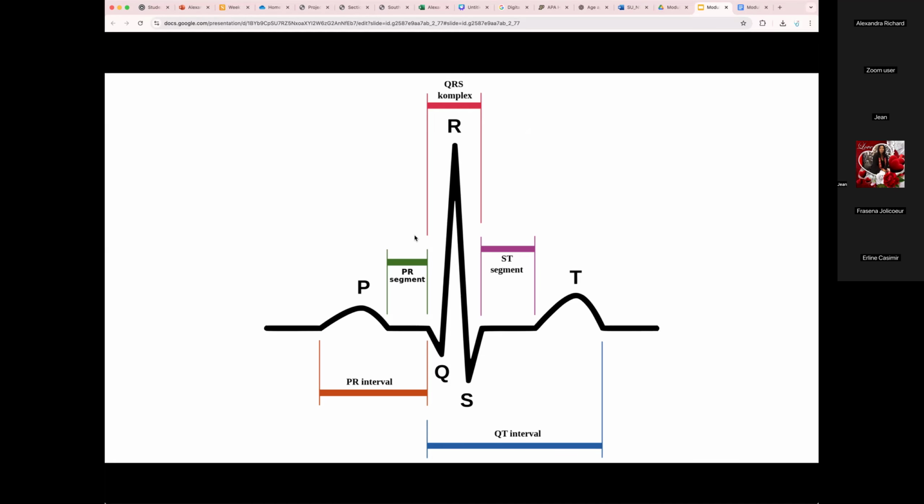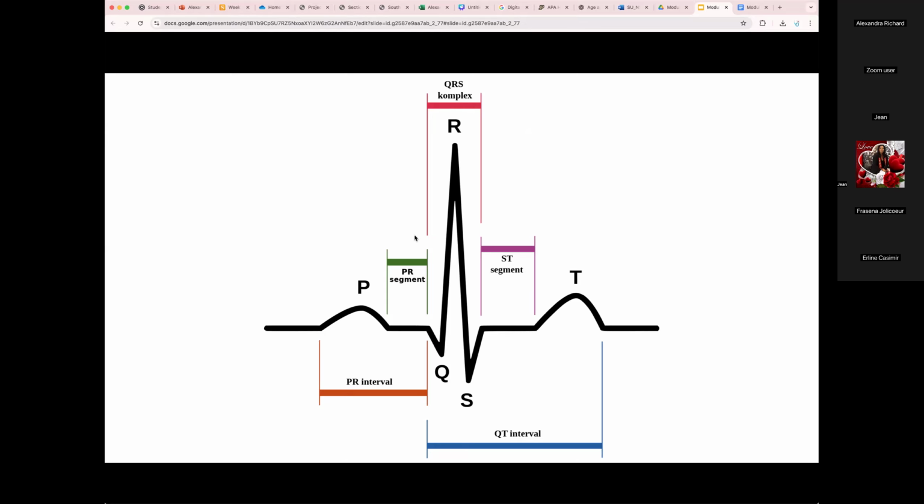The PR interval is going to tell you how long it takes for the atria to contract right before the ventricles contract. So it's going to tell you about the electrical conduction functioning of the heart, because it's going to tell you how long it takes for the signal to originate in the SA node, which would then make the atria contract, until it gets to the AV node.